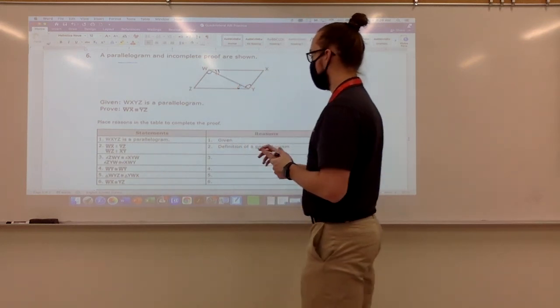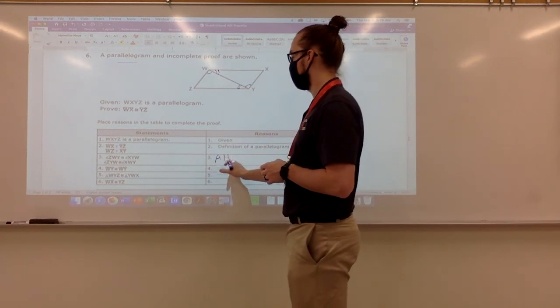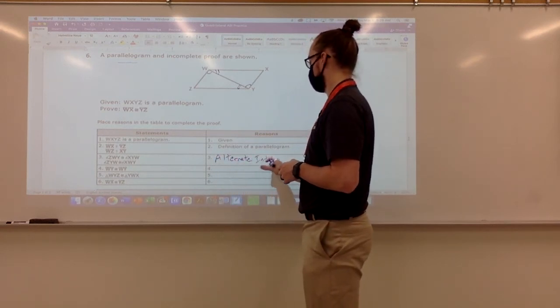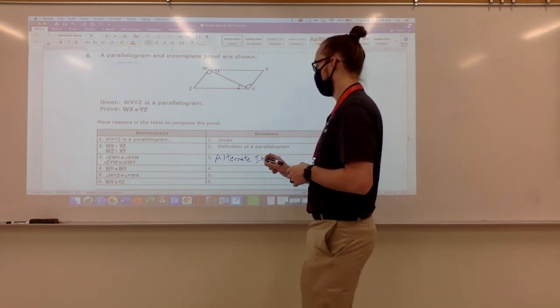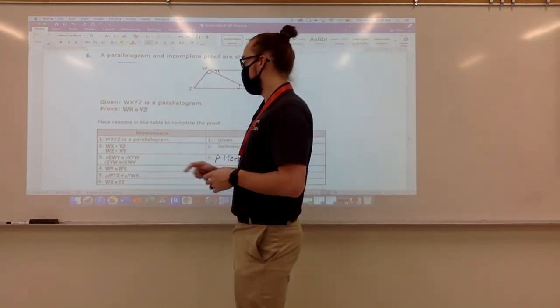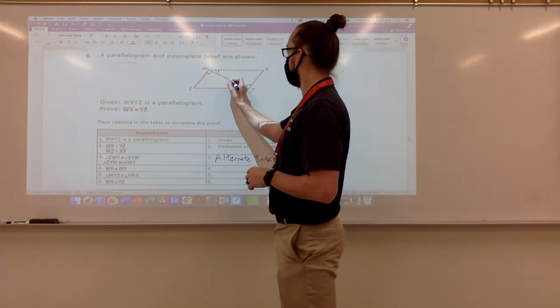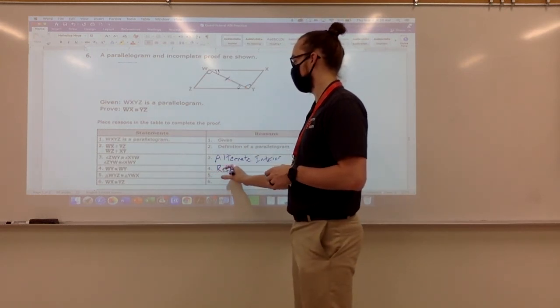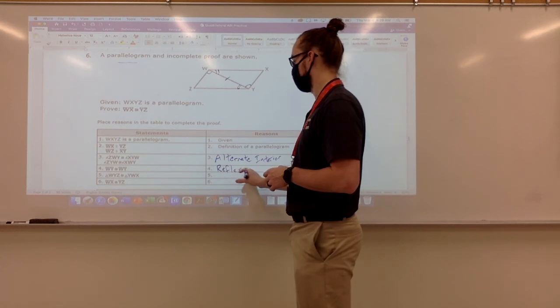Those are alternate interior angles. Then they say WY and WY have to be congruent. Well, same thing, congruent to itself is the reflexive property.